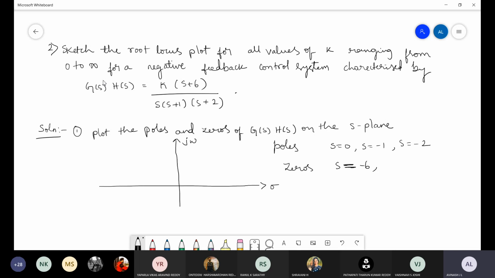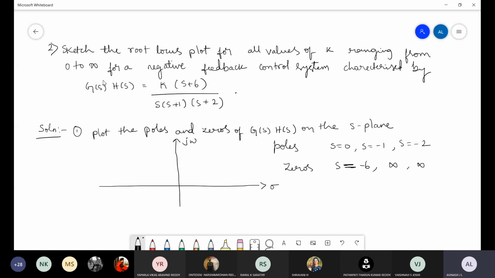There are no other finite zeros; the remaining zeros are at infinity. For three poles and one zero, obviously two zeros are missing. We can consider those two zeros to be at infinity, which need not be written.